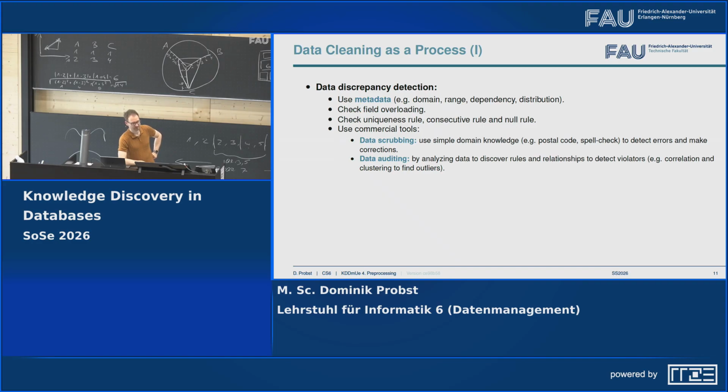That's data scrubbing. With data auditing, we try to analyze a huge data set, discover rules and relationships, and try to find violations against these newly found rules. For example, if we have correlation between two attributes and one or two values work totally against this correlation, then it's likely that these are problems.